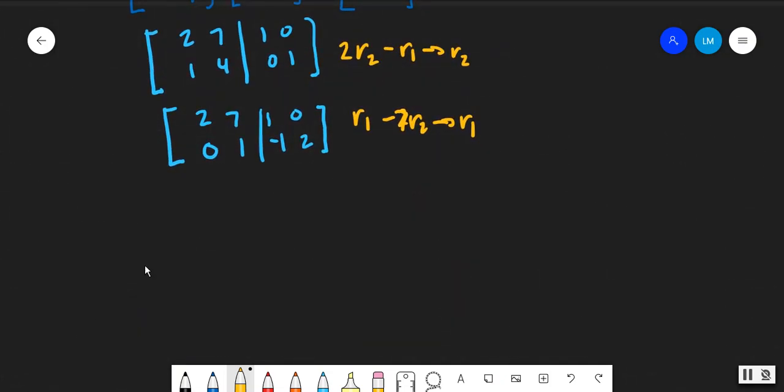In this case, it's going to give us 0, 1, negative 1, 2, and then 2, but then that's going to give us a 0, then an 8.